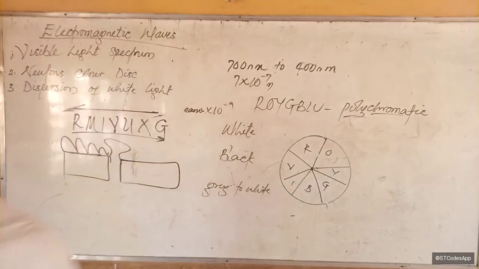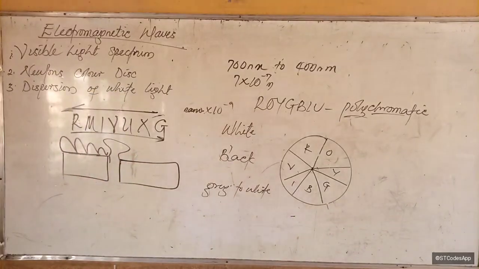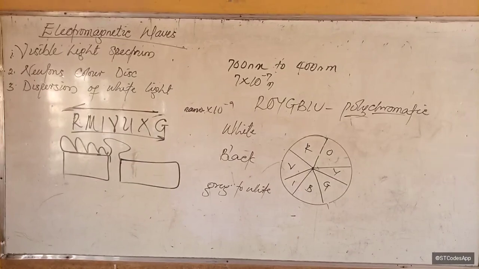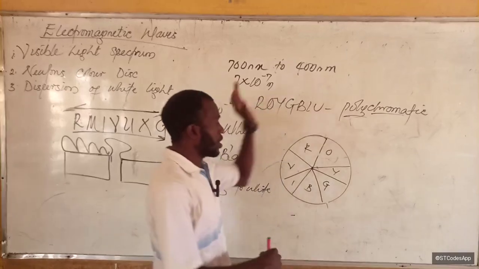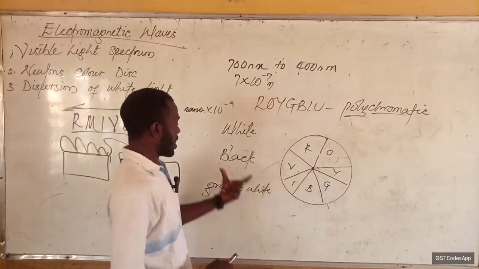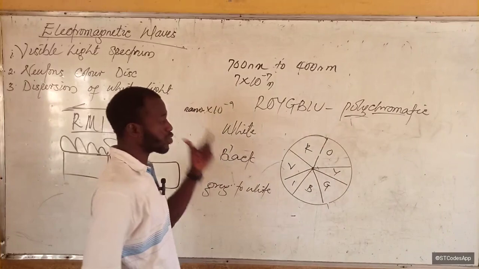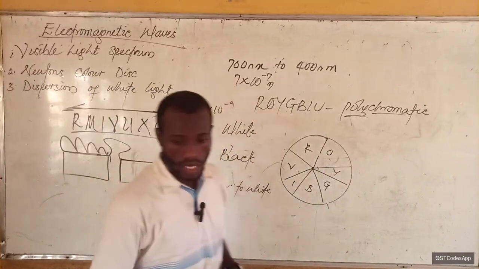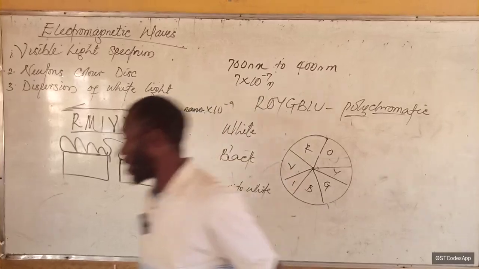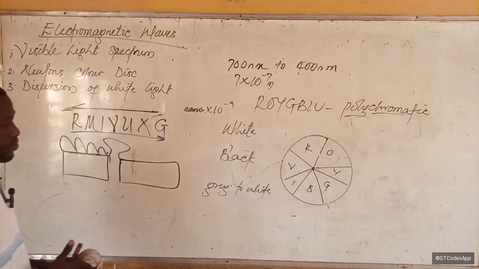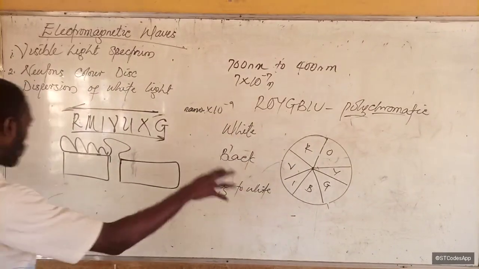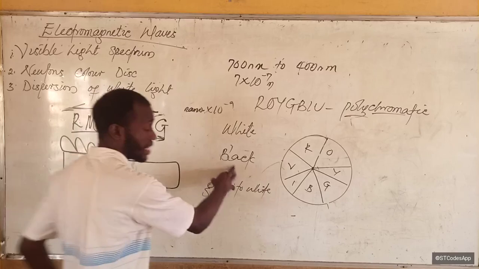So when you spin it around, it appeared gray to white, which proved that the white light is a polychromatic light that was a blend of all of the 7 colors.